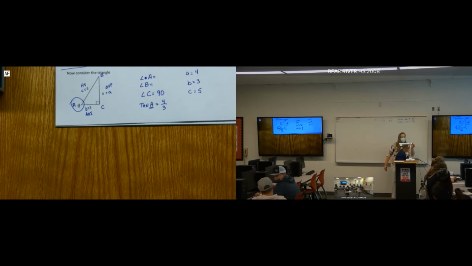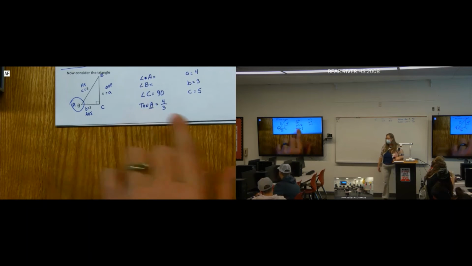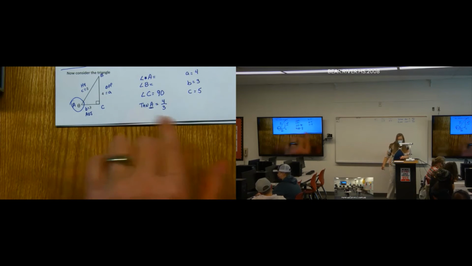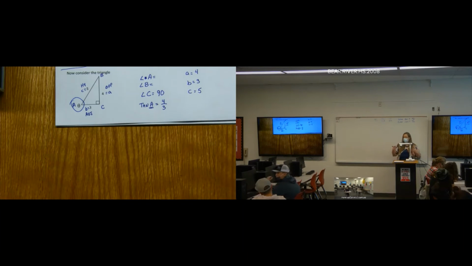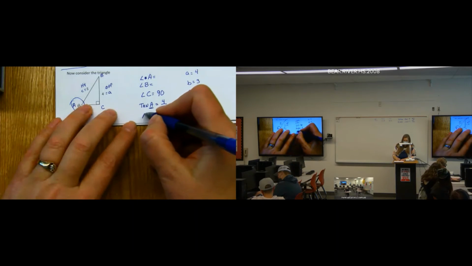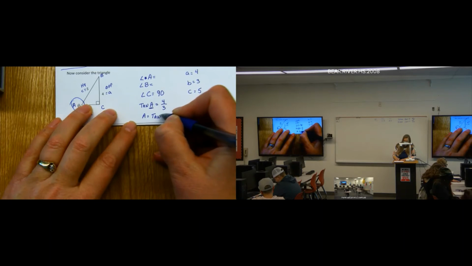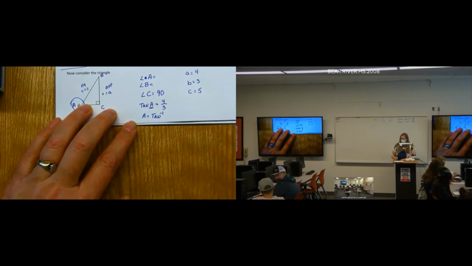We have to move that tangent from this side to this side. Everybody knows that, right? To move that tangent, I do what is called the inverse, like squaring and square root, or adding and subtracting. So we're just going to do the inverse tangent, and we're going to write it like this, with a little -1 up there.